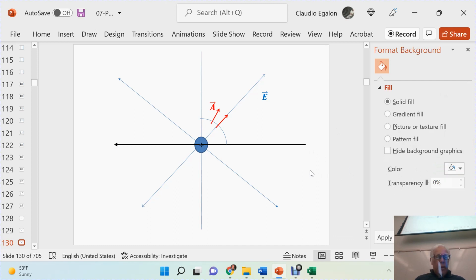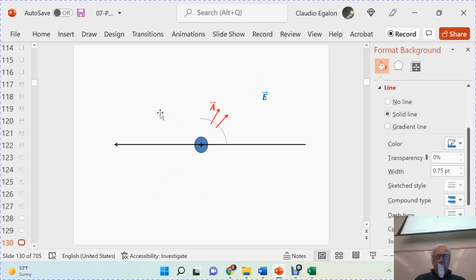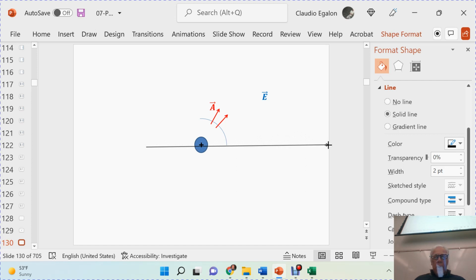Okay, that's my first axis. I'm going to take out the electric fields because I just want to count the quadrants, right? I want to make this one here to the right, not to the left. And the next axis is going to be this one here.